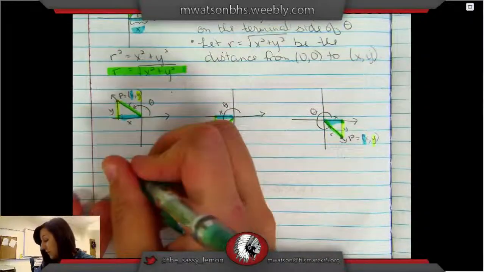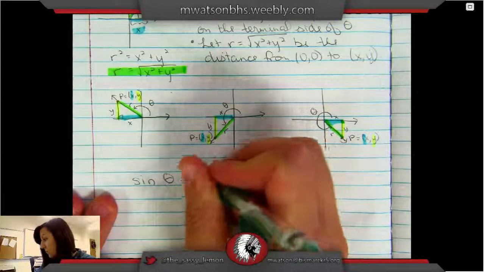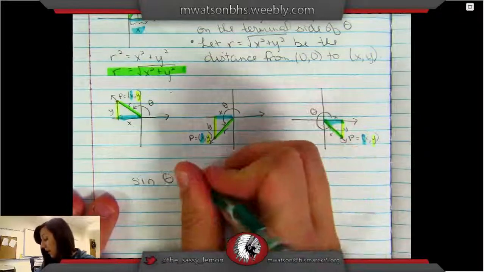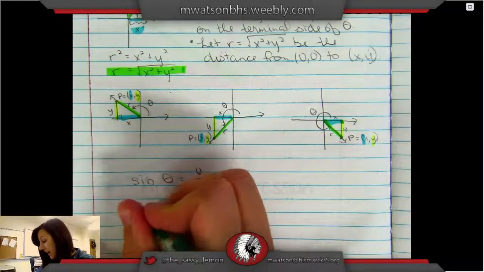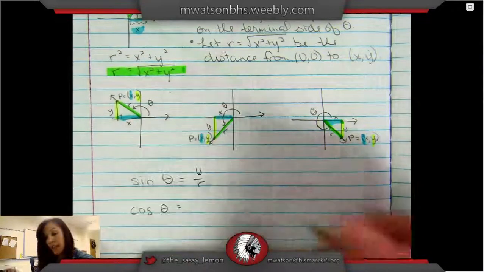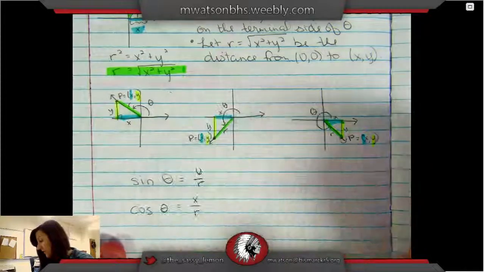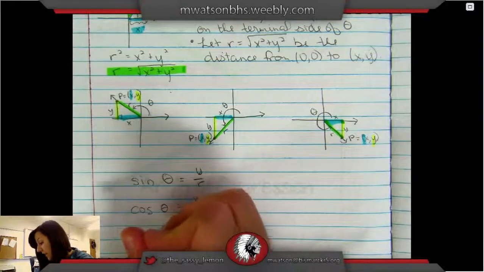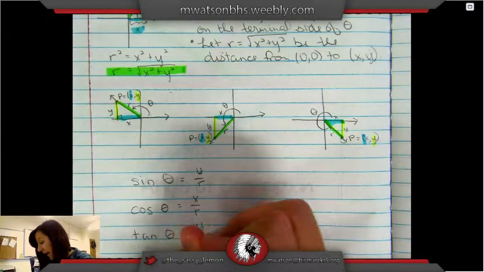So here's what I mean. Sine of theta in terms of x, y, and r is y over r. Cosine of theta is now equal to x over r. And tangent of theta is now equal to y over x.